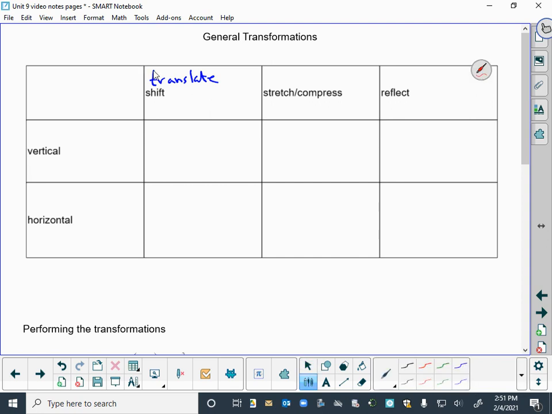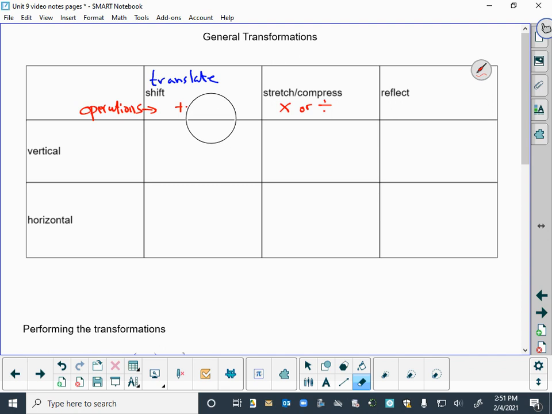And there are certain mathematical operations that are associated with each of these types of things. Shifts are accomplished with either addition or subtraction. Our stretches and compressions are accomplished with multiplication or division.